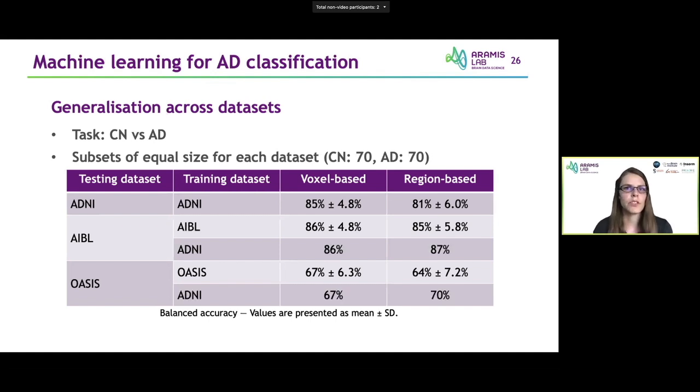Then you can see that when training on ADNI and testing on AIBL and OASIS, the accuracies stay the same or slightly increase. And so this means that the classifiers trained on ADNI generalize well to other datasets.